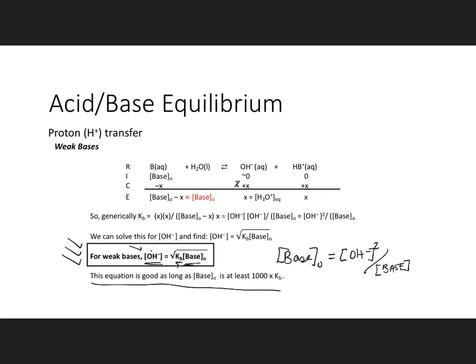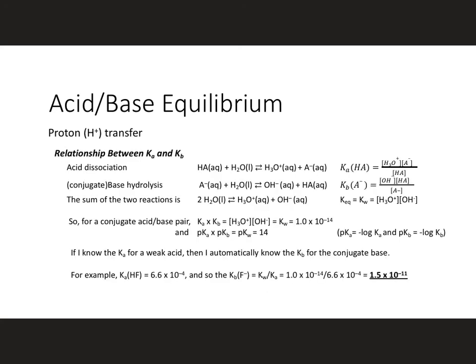My base concentration is going to be the hydroxide concentration squared divided by Kb. Again, square both sides and you get OH squared is equal to Kb times base. Divide both sides by Kb, and you get this relationship.